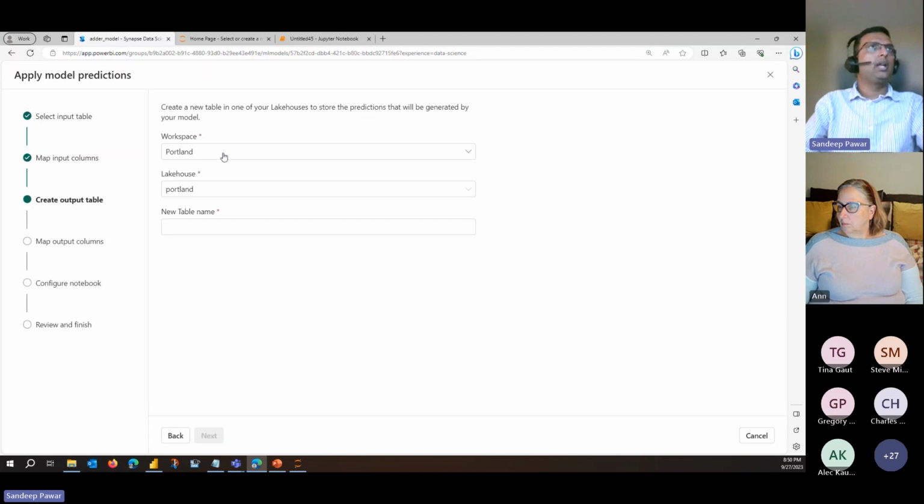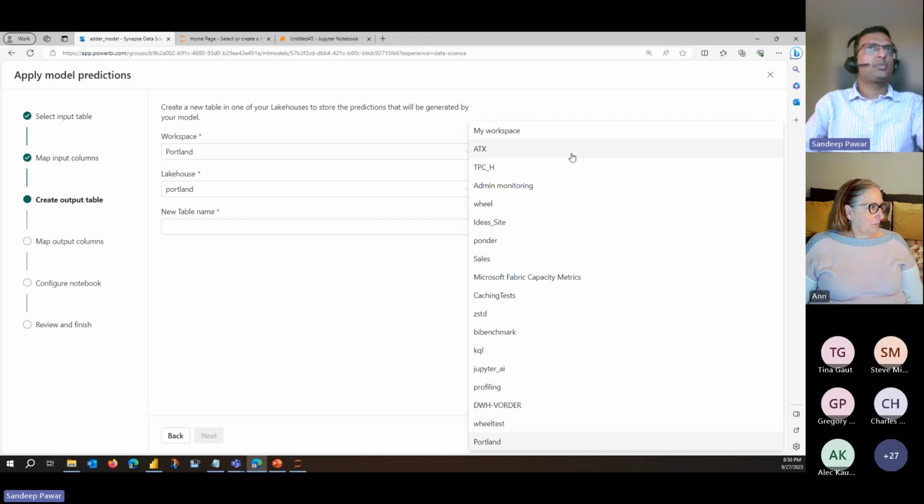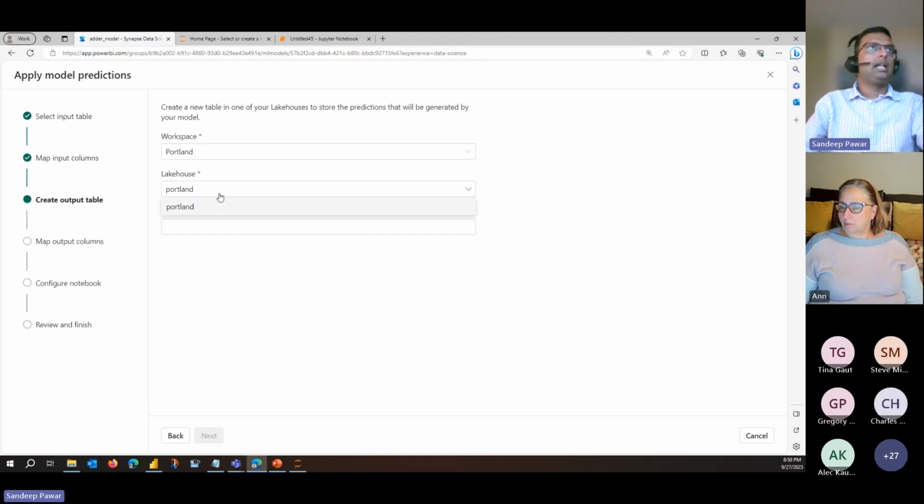And it's where do I want to create a new table? And it is in Portland workspace, or it could be a completely different workspace. Let's say Portland Lakehouse is my Portland, and the new table that I want to call is, let's say, my Z predictions.